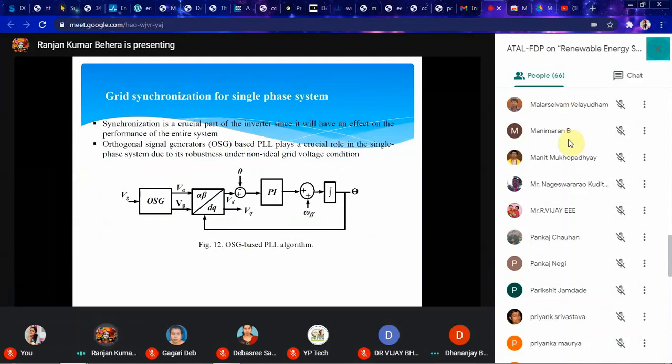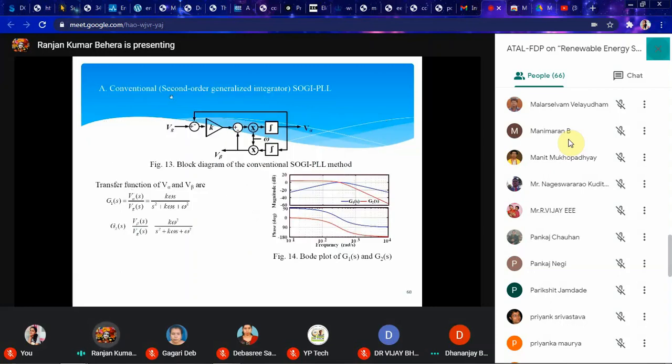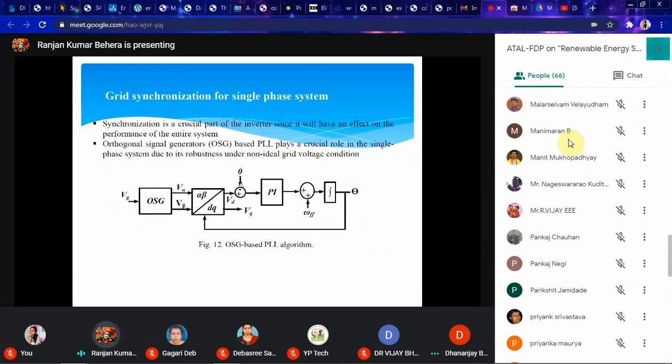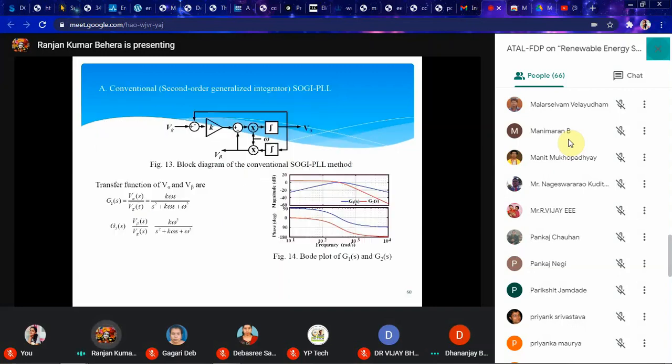How to synchronize this system? This is the PLL, the orthogonal signal generator PLL. There are different kinds of PLL, and I am just showing you the structure of the PLL, and you can go through this literature. There are many papers available also.